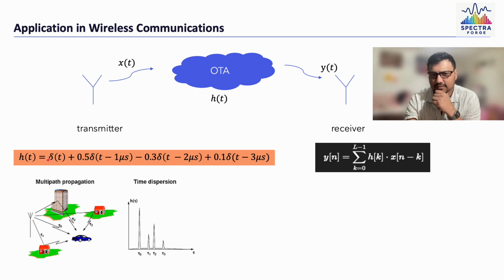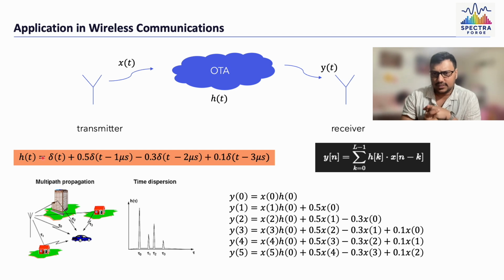It's not necessary that it will be 1, because definitely there is a proper path loss associated with the distance. But for the sake of explanation, let's assume that this is 1, and then you have 0.5, minus 0.3, and plus 0.1. The minus can be a phase shift. So this is the channel response with four channel taps or four channel delays.